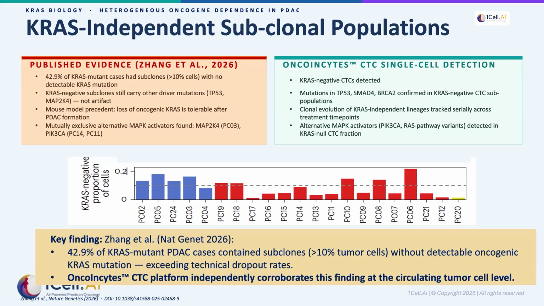But I'm going to give you an example of something that we thought was really fascinating and actually very relevant to therapy. So in a subset of patients with KRAS, as the tumor evolves, there are CTCs that appear to lose their KRAS.